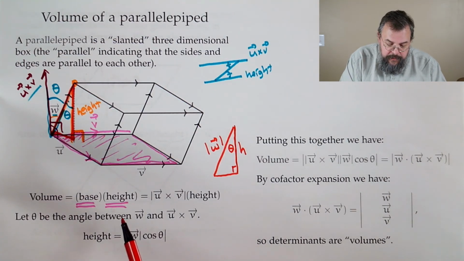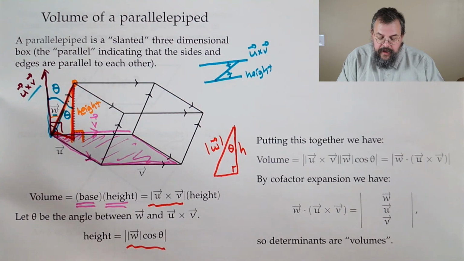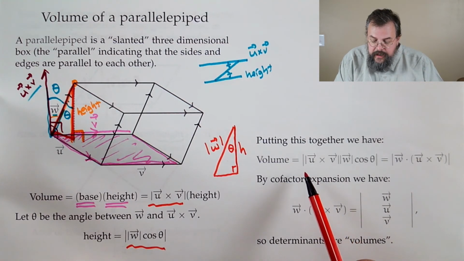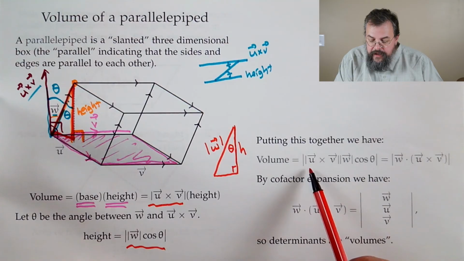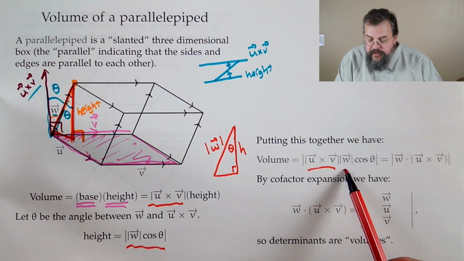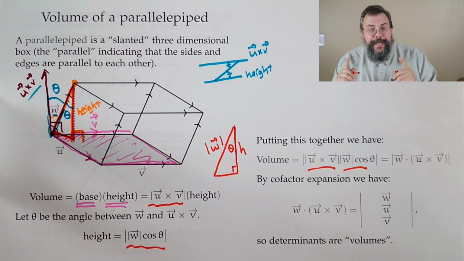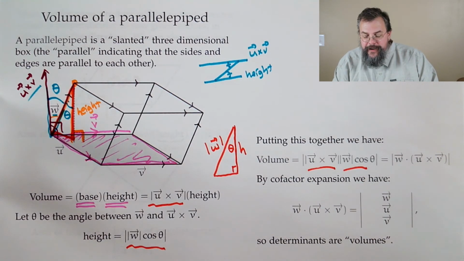So what do we have? Well, we're going to take our base, which we already found, our height, and if we multiply them together, we're going to get, lo and behold, the absolute value of the magnitude of u cross v, our base, times the magnitude of w cosine theta, our height. Here's the really cool thing. Look at what you have.